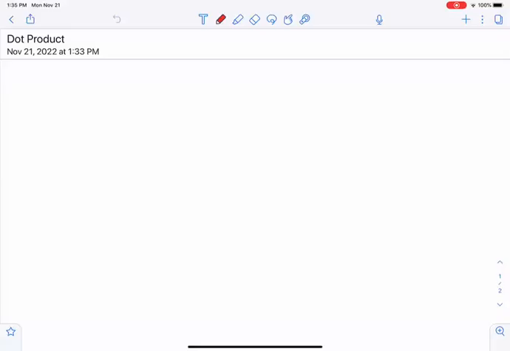So suppose I have two vectors. When we looked at scalar multiplication, all we did is multiply by a constant.